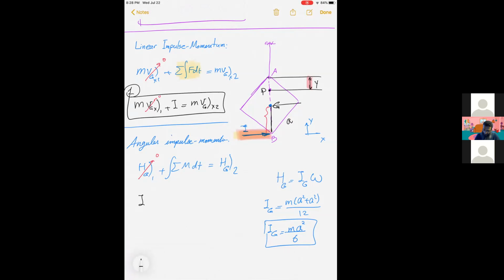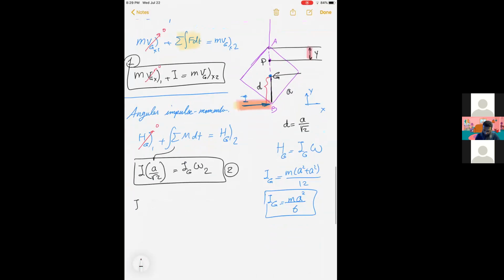If this is A, D is going to be A over the square root of 2, right? So you're going to have I times A over the square root of 2 equals I_G omega 2. This is equation 2. And if I rewrite equation 1, I is m vGx2.